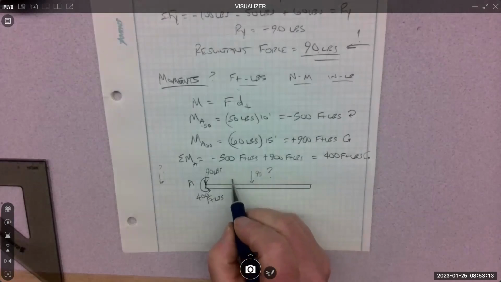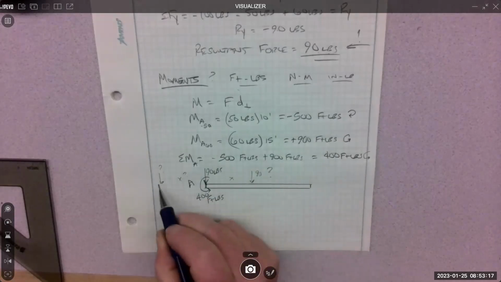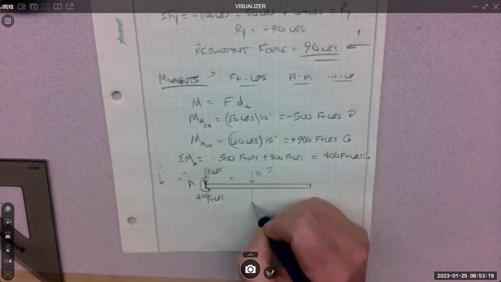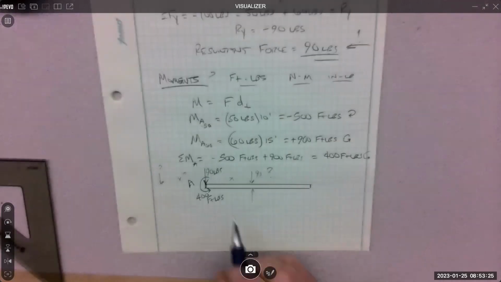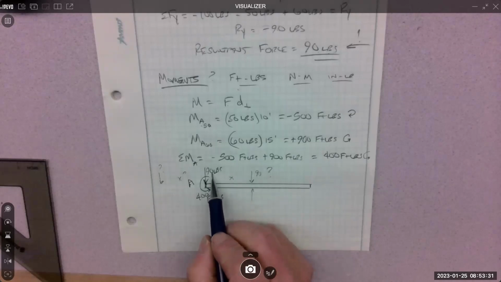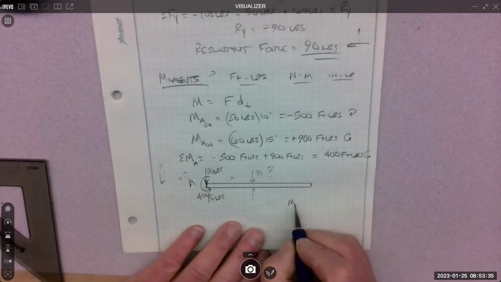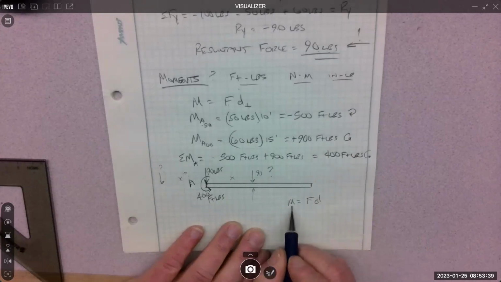So how do we know how far this is and whether it's here or here? It could also be here. Our moment tells us. We have to make that rotational effect with our 90 pounds. The equation is moment equals force times distance. Do we know the moment?